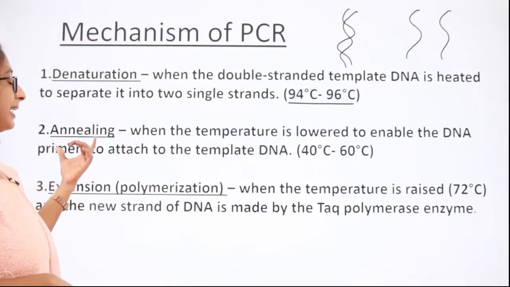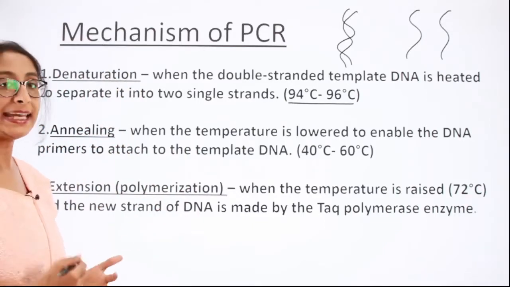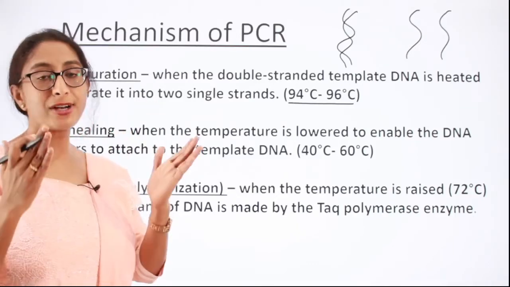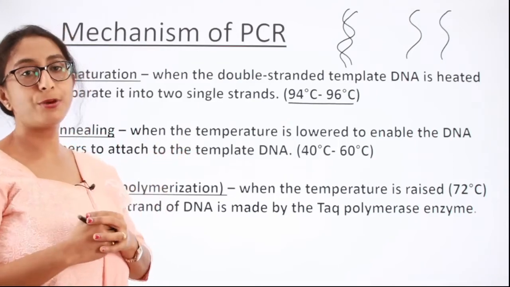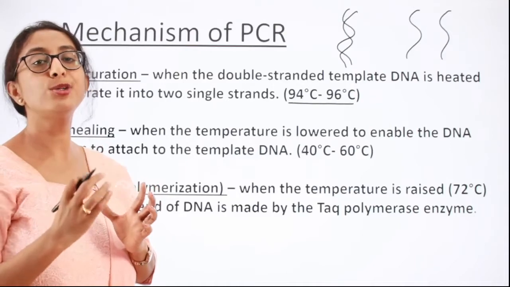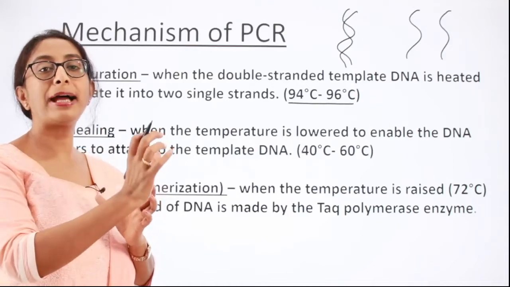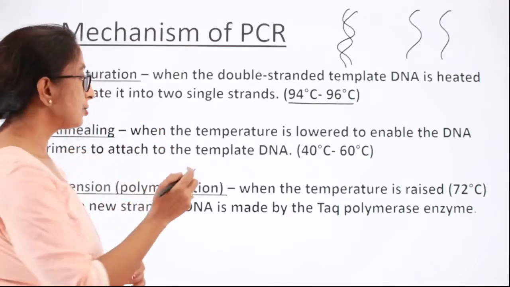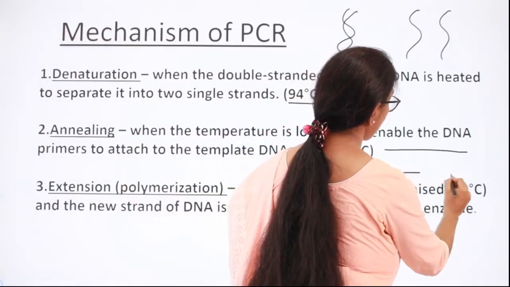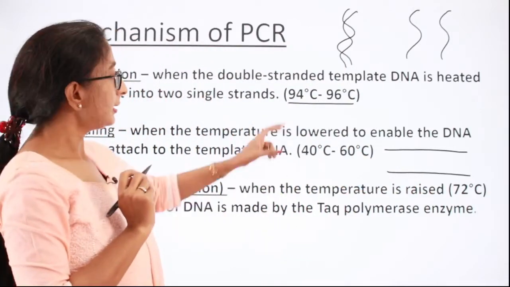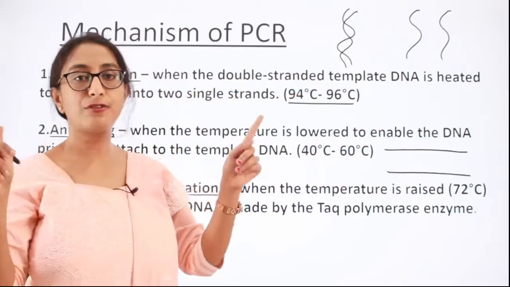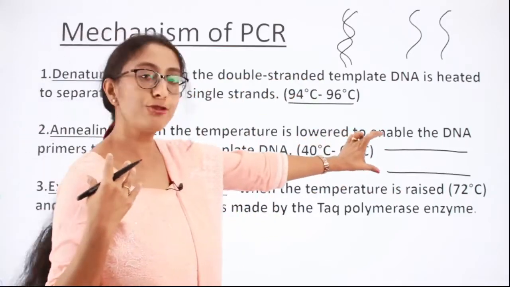Now moving on to the second step of PCR, that is annealing. In this step, once the DNA strands are separated, we will reduce the temperature. When we reduce the temperature, the primers complementary to the template strand will go and bind at their respective positions. After the denaturation step, we have two strands of DNA, both separated.